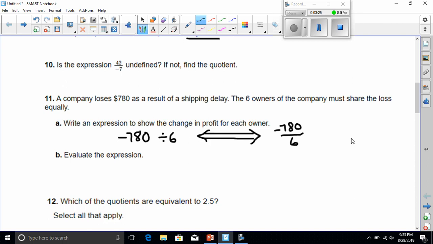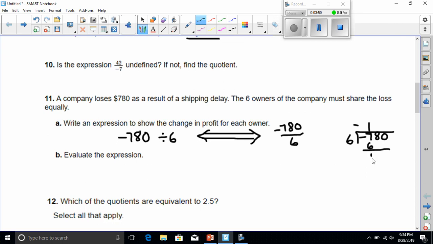We're going to take negative 780 and divide it by 6. Negative divided by positive is going to give us a negative answer. Now, how many times does 6 go into 7? Once.